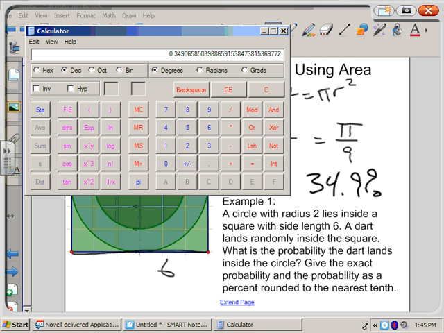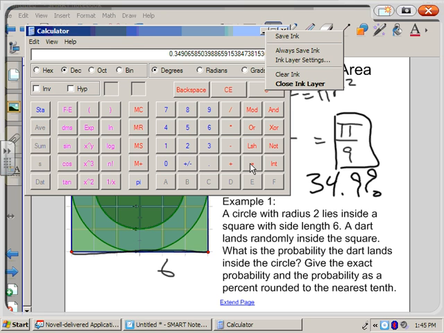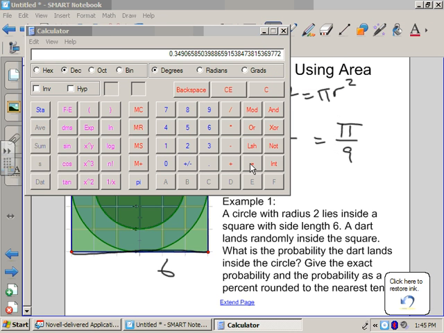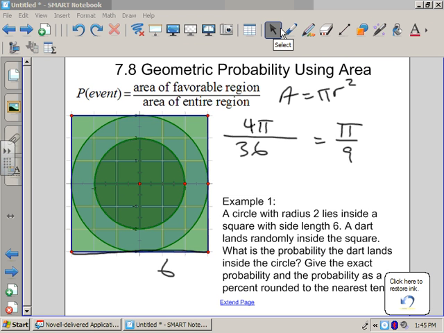So the probability written as an exact number is pi over 9, and as a percent, you've got about a 34.9% chance of landing within the circle if you pick any point within the square.